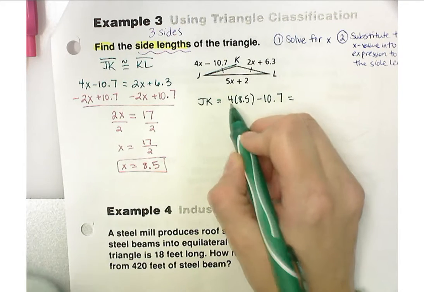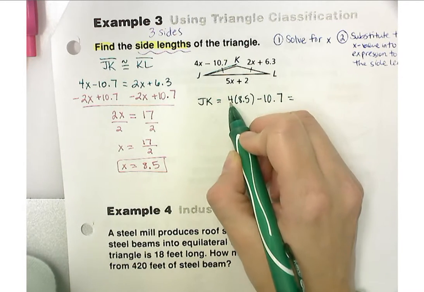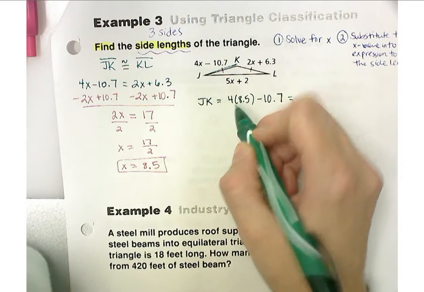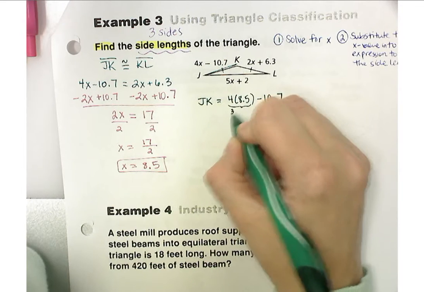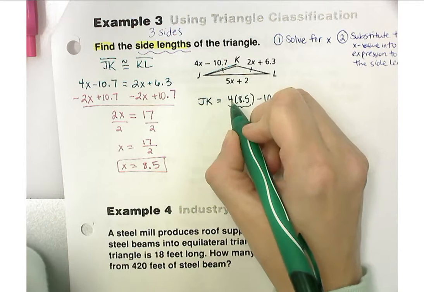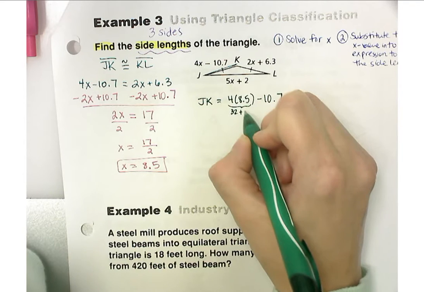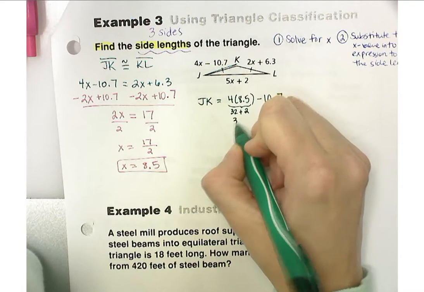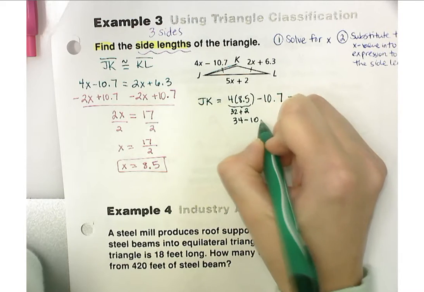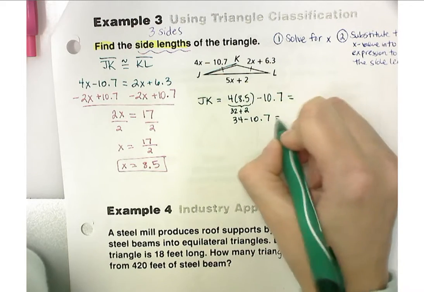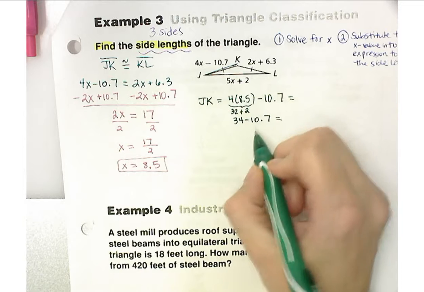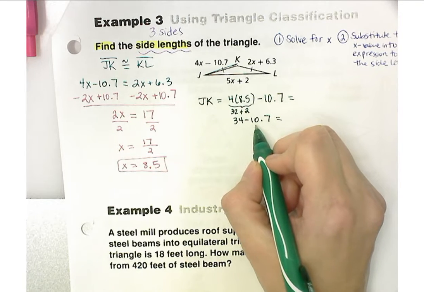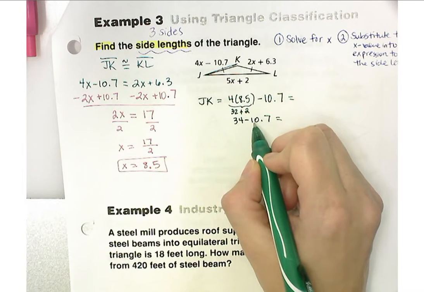I'll show you how to do this one without a calculator too. So if it's 4 times 8.5, you can just do 4 times 8, which is what? 32. And then you can just add it to 4 times a half. What's half of 4? 2. So this is just 34 minus 10.7. When I do this in my head, the first thing I do is take away 10. What's 34 minus 10? 24.